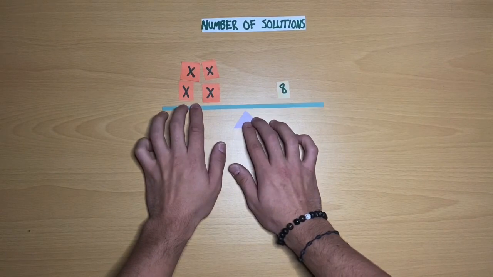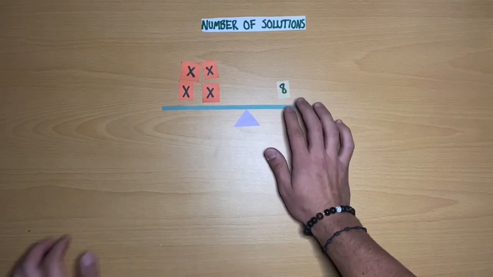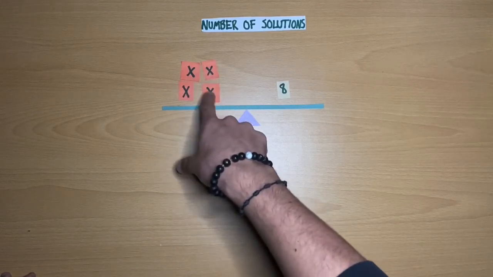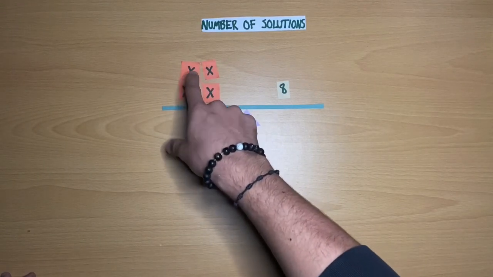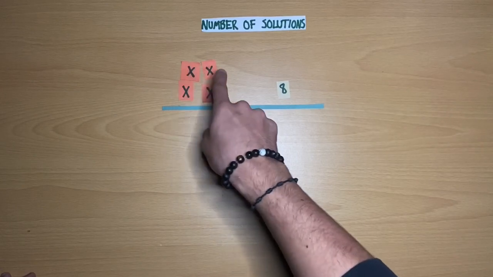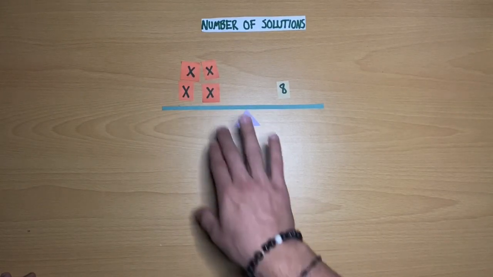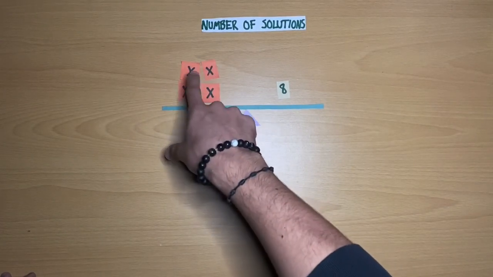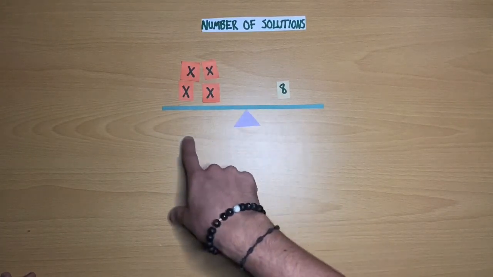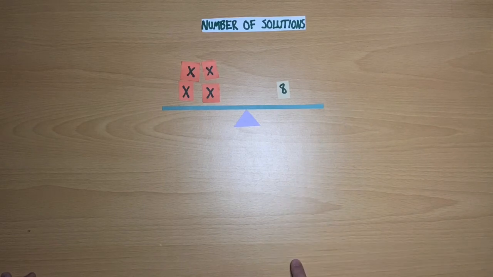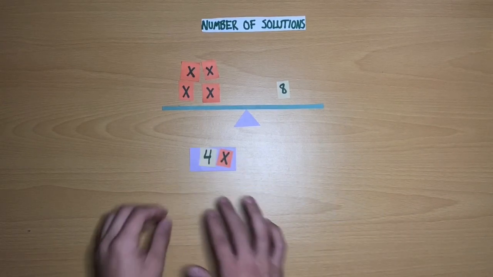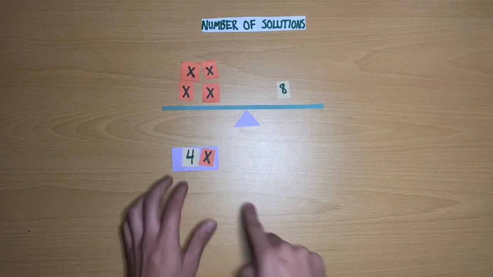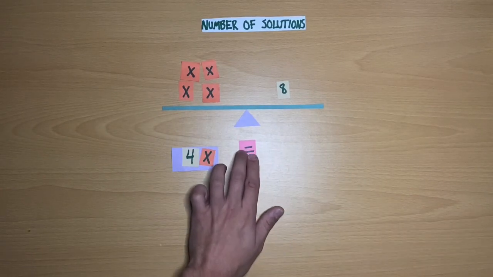So here's our little balance, and basically we are given that we have four x's, four boxes. We're going to call x because we don't know what each box represents. So we're just going to call it x. And right now it's saying that four of these x's equals 8 because this is balanced. So we'll set up our equation. We have four x's, so 4x, and this just simply equals 8.